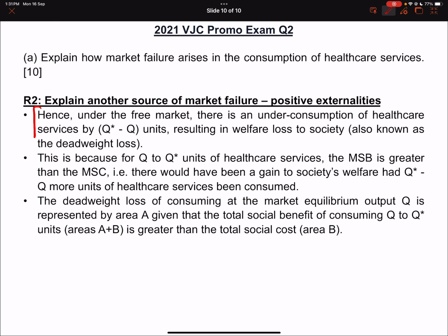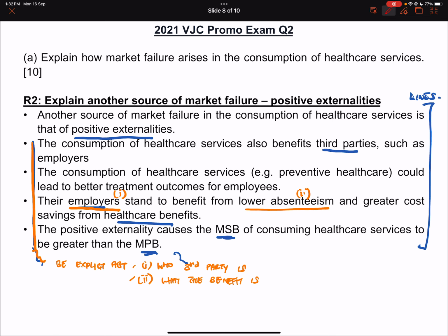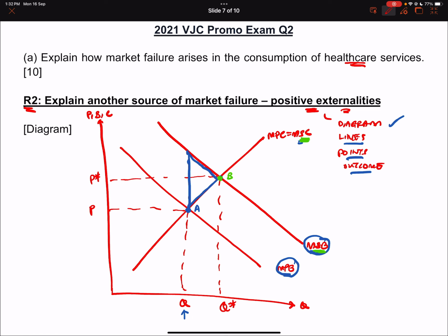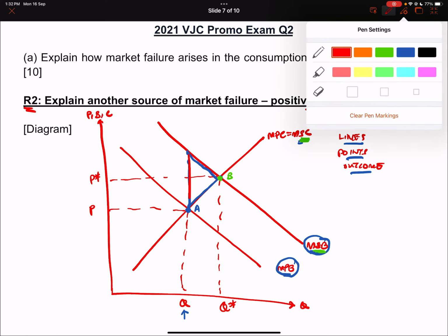So this whole thing is the outcome. Okay, the outcome is that there's underconsumption, same thing, right? But this time, when you underconsume, area A plus B is your benefit, area B is the cost, and therefore the net difference is area A, which is the deadweight loss. So you can identify this in the diagram.